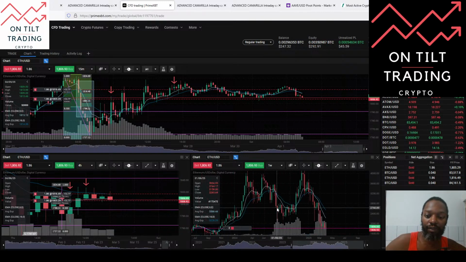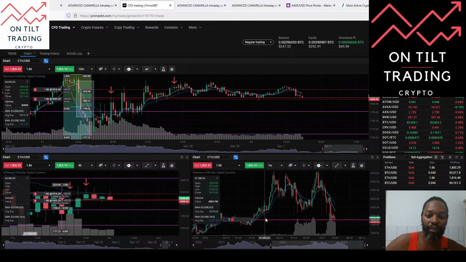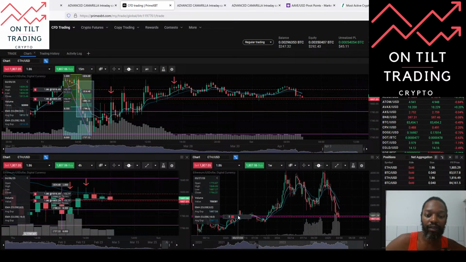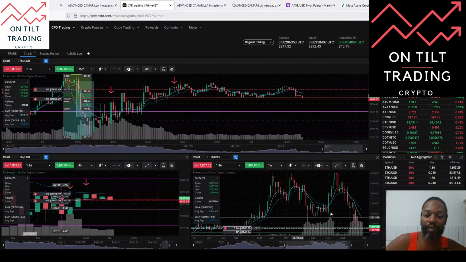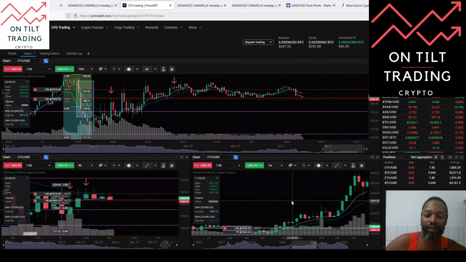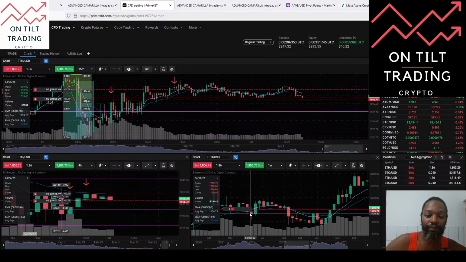And then I'll bring your attention to my target here, which we're down here, which would be in this area here. And the same with Bitcoin. My targets for both of these are actually S10 targets.